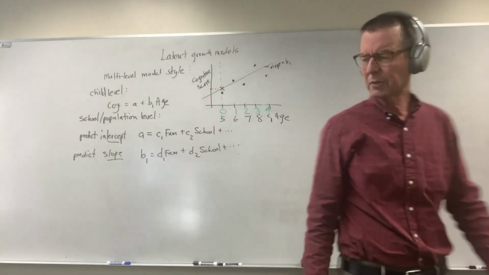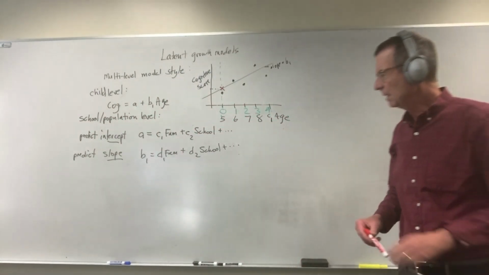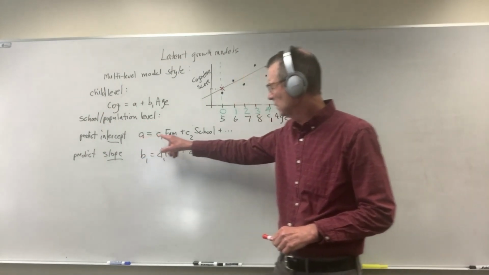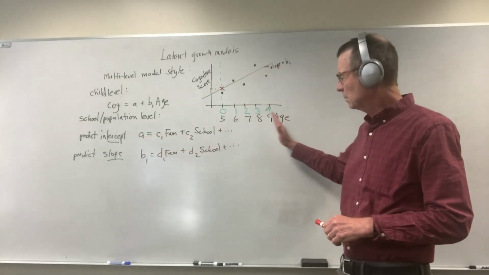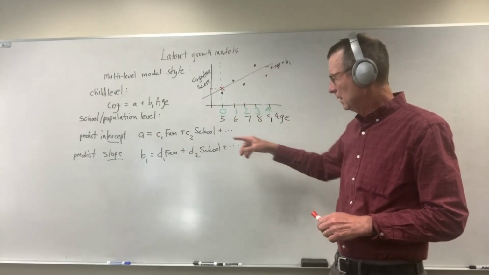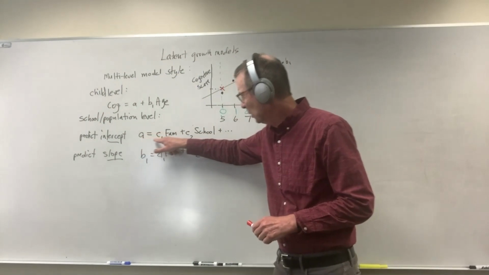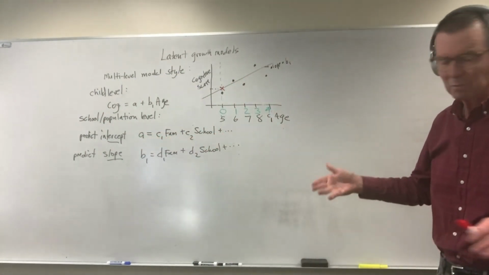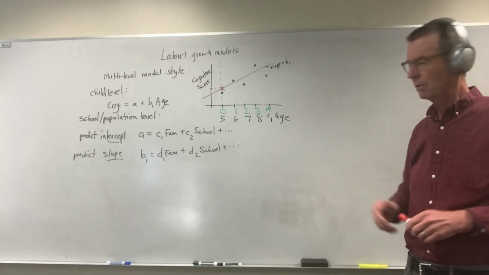Now think about that. You're just taking scores at a single point, right? There's no information from beyond age 5 other than the best fitting slope that gets in here. This is just the initial point related to baseline variables, characteristics of the school, characteristics of the family.